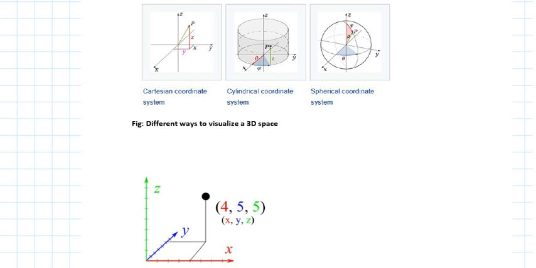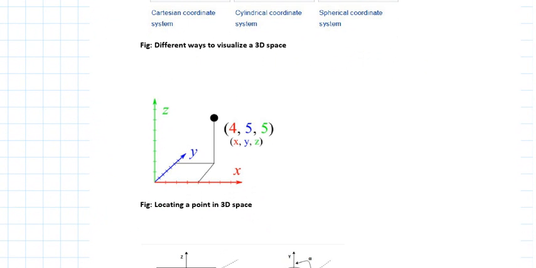Next, have a look into this diagram. Locating a point in 3D space. A point in three-dimensional space can be represented using three tuples or three coordinates: x coordinate, y coordinate, and z coordinate. Now, the mathematical significance of this coordinate is something like this.